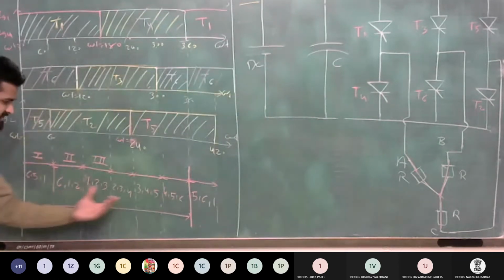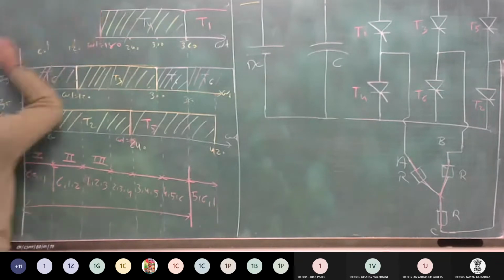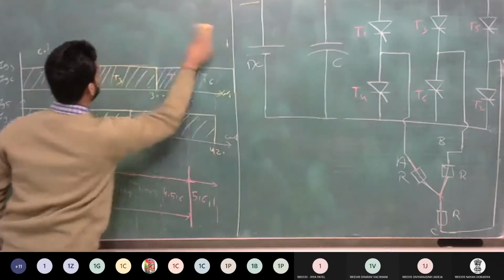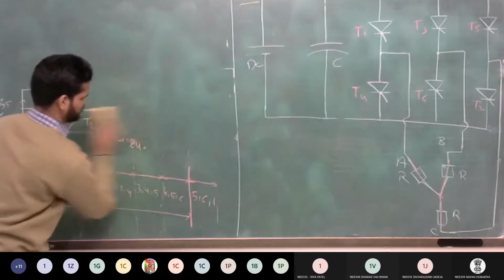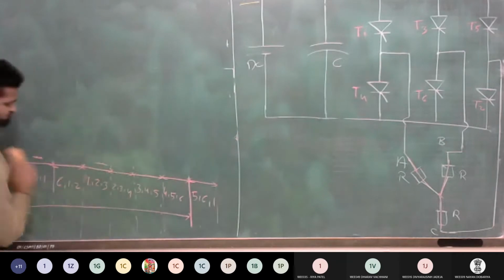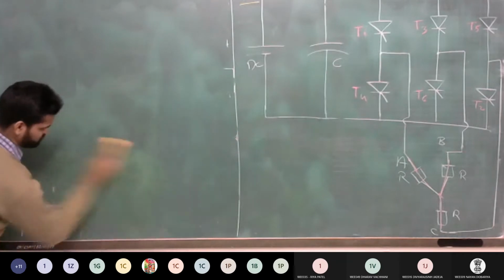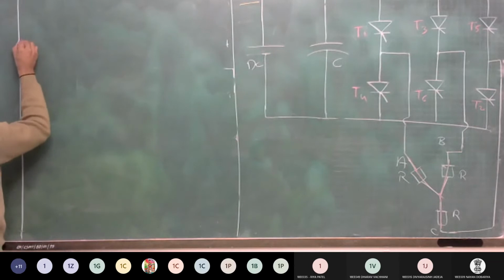Please write down this sequence. So here I write the sequence for the calculation of this phase voltage. I start here.